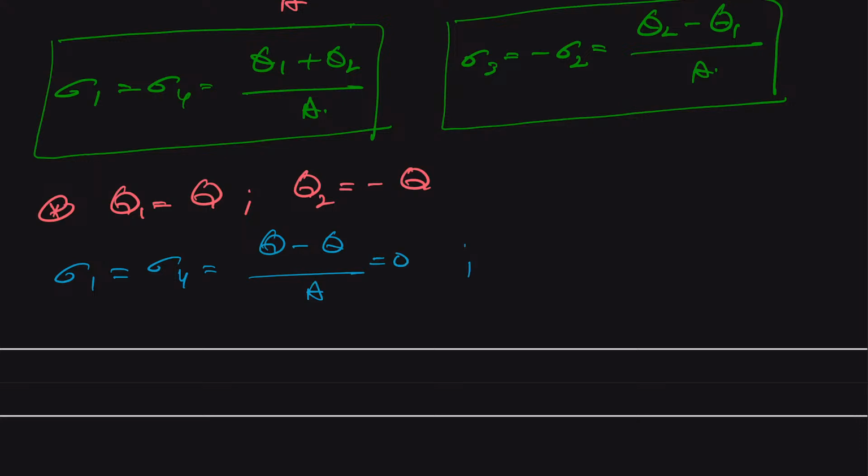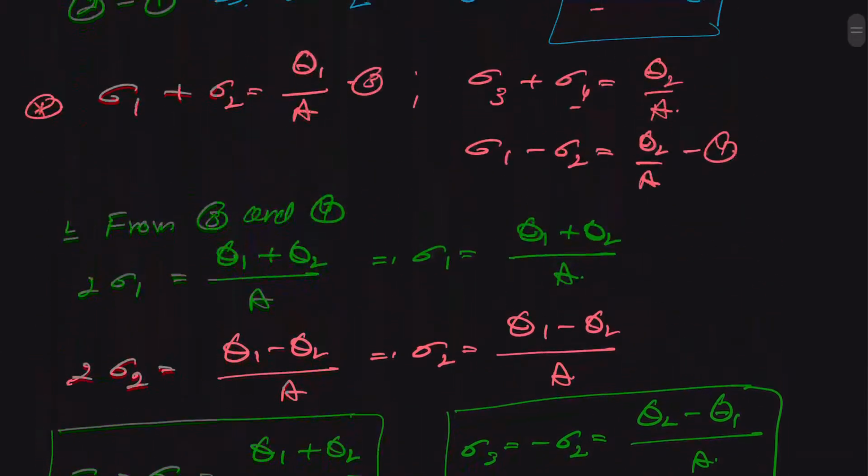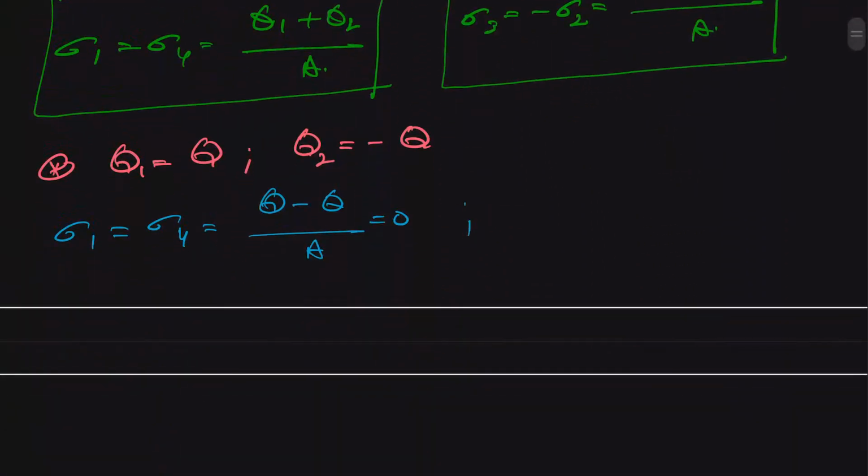And for sigma 3, which is minus of sigma 2, let me rephrase it. Here we had our sigma 2 is equal to Q1 minus Q2 upon 2A. So this comes as our Q1 minus Q2 upon 2A.